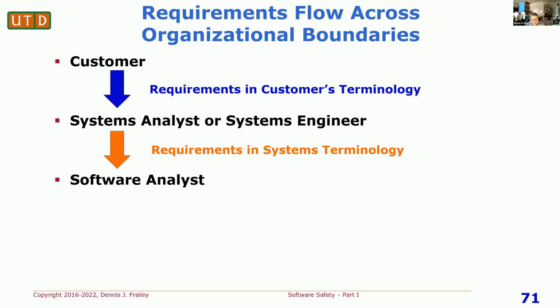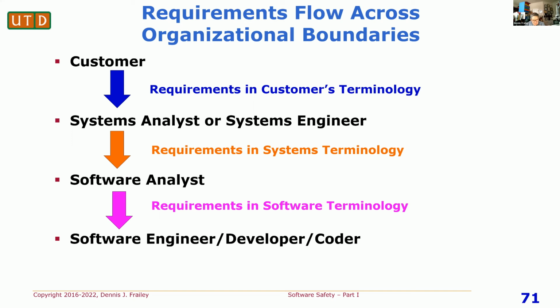The software analyst reads that and translates it into requirements for the software developers in software terminology. And the software engineer develops the software. The problem is there are many steps in that process and many ways that things can get lost in translation.